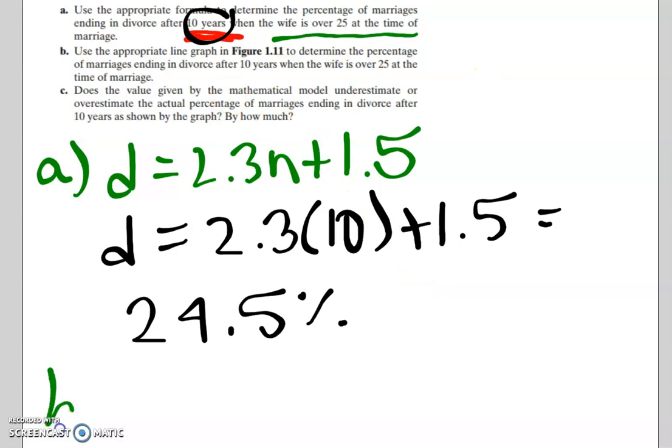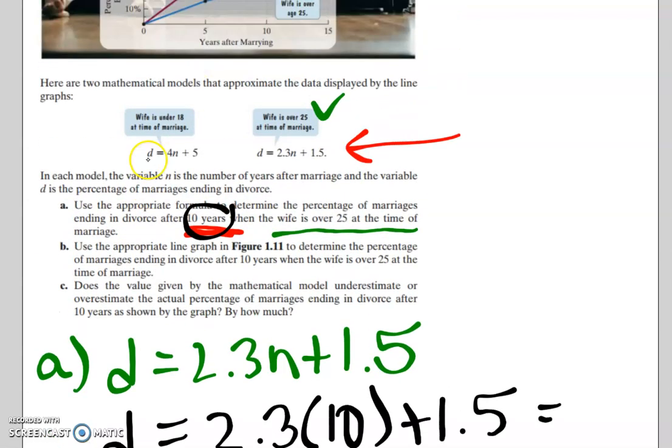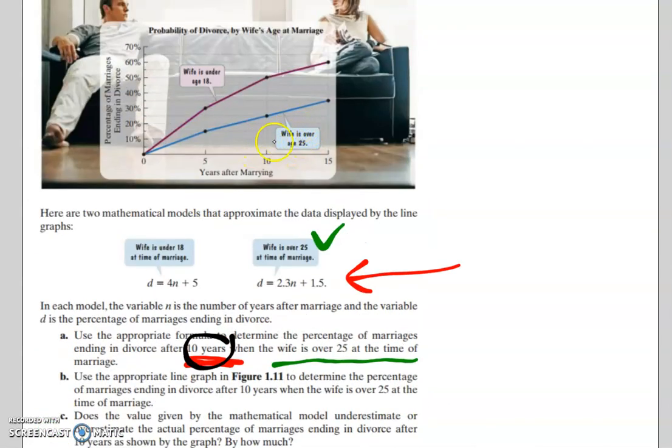B says use the appropriate line graph to determine the percentage of marriages ending in divorce. Same kind of thing, after 10 years when the wife is over 25 at the time of marriage. So instead of using the formula, in B they want us to use the line graph. So I'm going to go to the blue one because that's where it is, wife is over age 25.